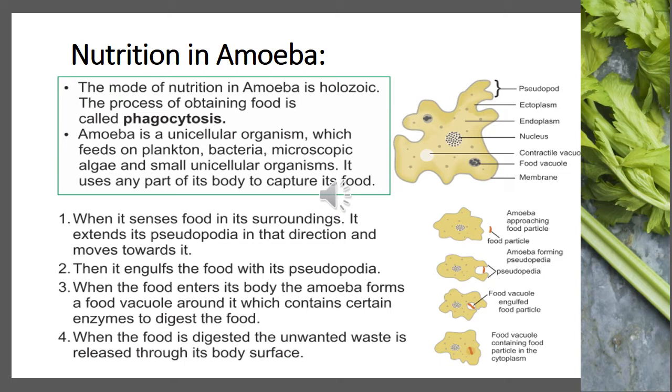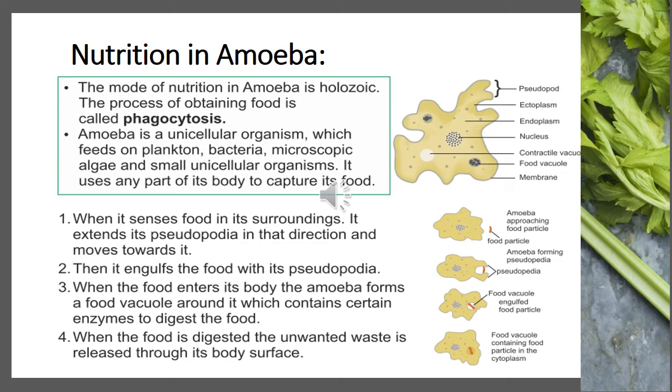Then it engulfs the food with its pseudopodia. When the food enters its body, the amoeba forms a food vacuole around it which contains certain enzymes to digest the food. And when the food is digested, the unwanted waste is released through its body surface.